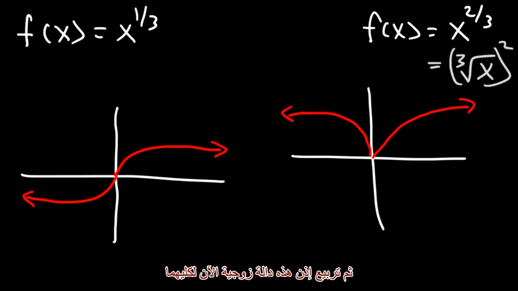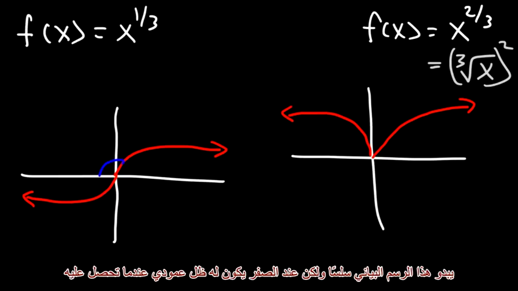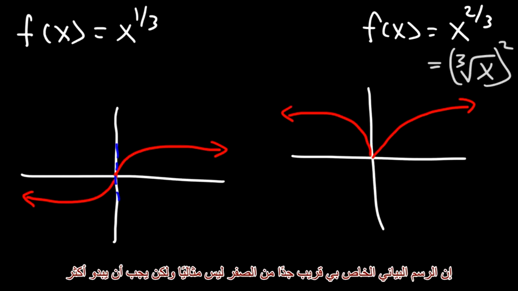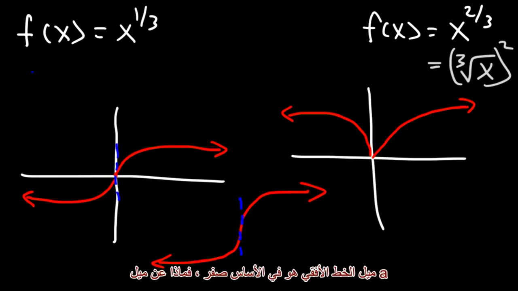Now, for both of these functions, they're continuous, but they're not differentiable at x equals 0. Now, this graph looks smooth. However, at 0, it has a vertical tangent when you get very close to 0. My graph is not perfect, but it should look more like this. So at the center, you have a vertical tangent. Now, you know that the slope of a horizontal line is basically 0.